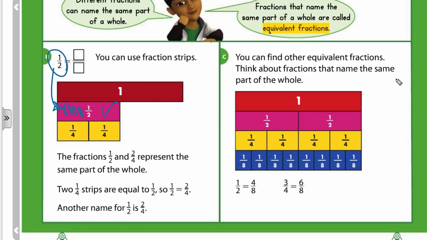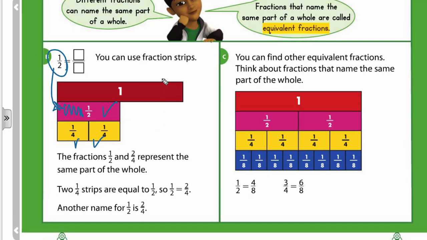And what do we mean by equivalent fraction? The equivalent fractions name the same part of the whole. So as you can see here, we can use 2/4 to represent the same part of the whole.